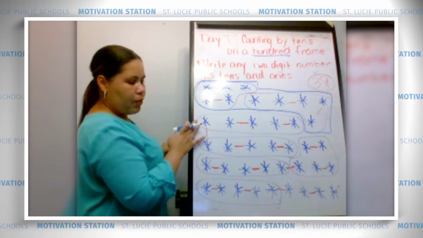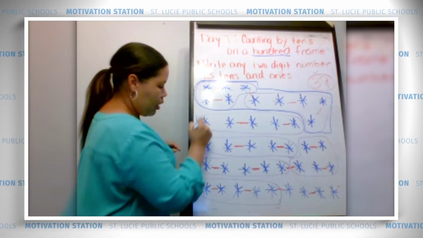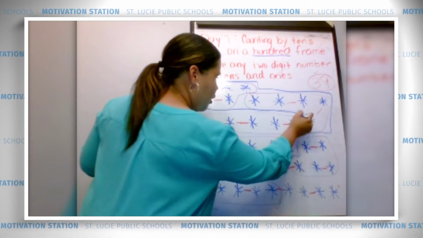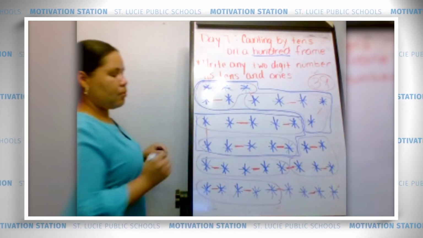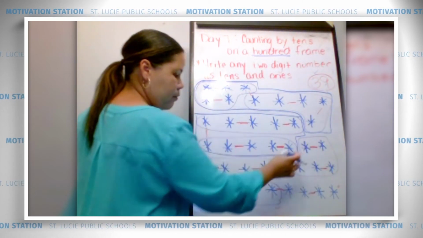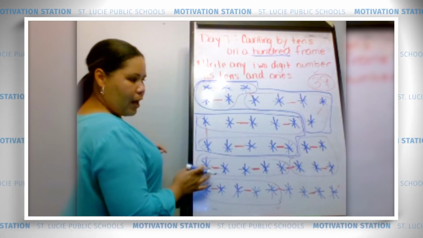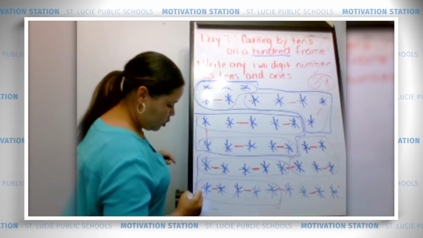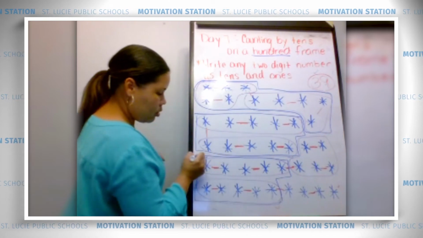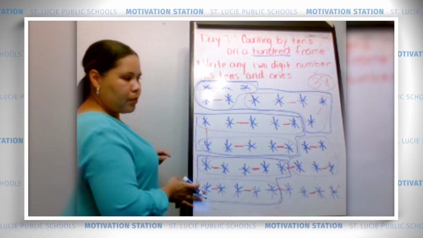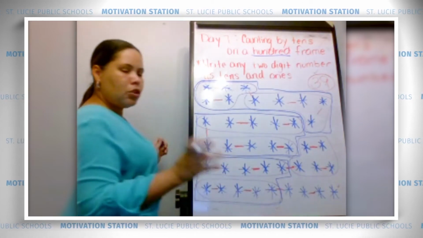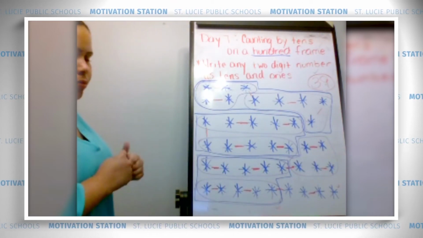This group of 5 and this group of 5 can also be combined to make a group of 10. And this 5 and this 5. Actually, let's make it a little bit easier to see. We'll say these bottom 2 5s make a 10, and 5 and 4 don't quite make a 10.